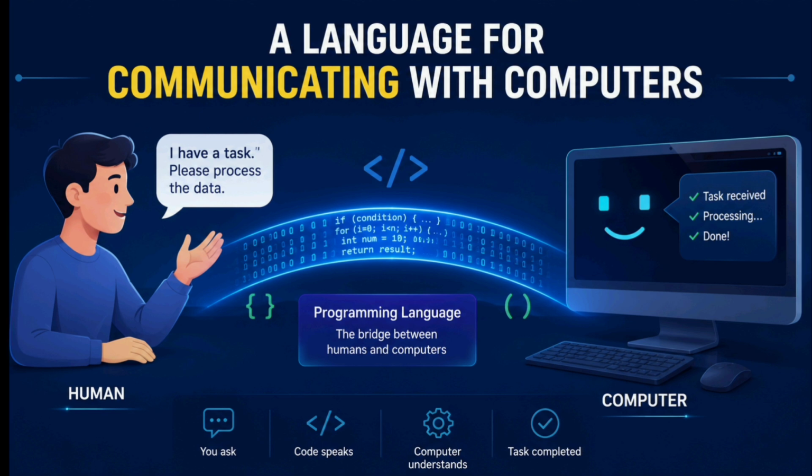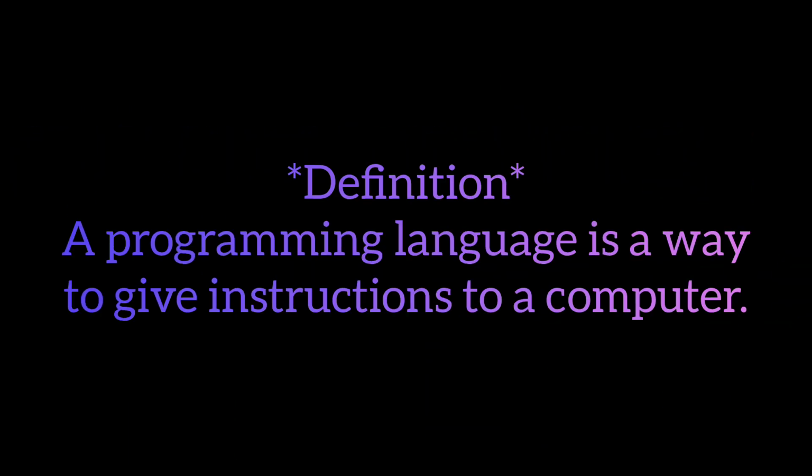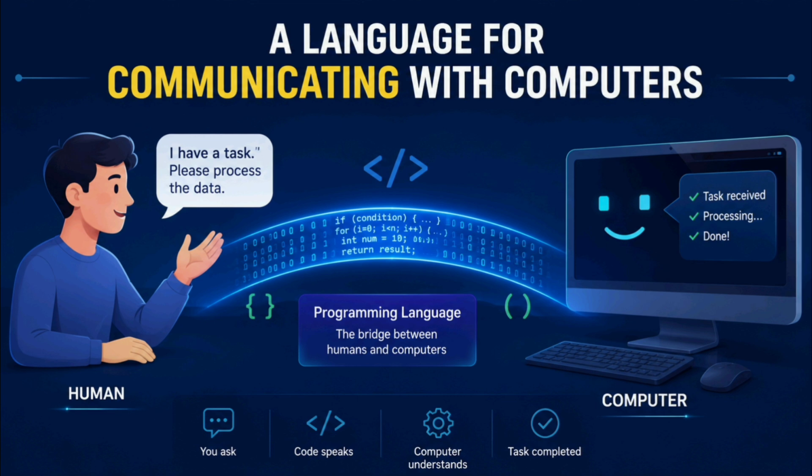And that language is called a programming language. So, here is a simple definition. A programming language is a way to give instructions to a computer. In other words, through programming languages, we tell the computer what task it needs to perform.